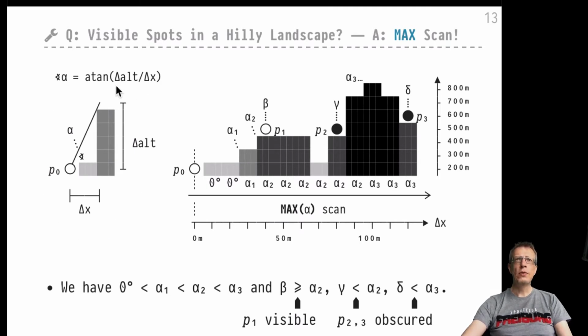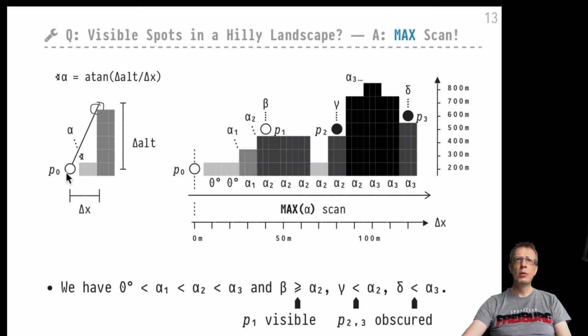I'm standing at position P0, and I'm asking myself, hey, can I actually see this edge of the hill? I probably can see it, but we will determine this visibility in terms of the view angle alpha.